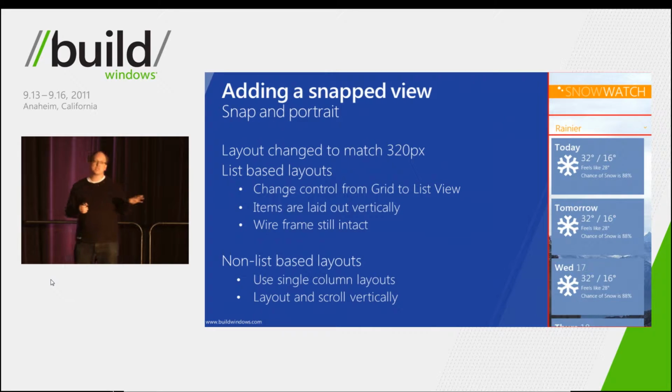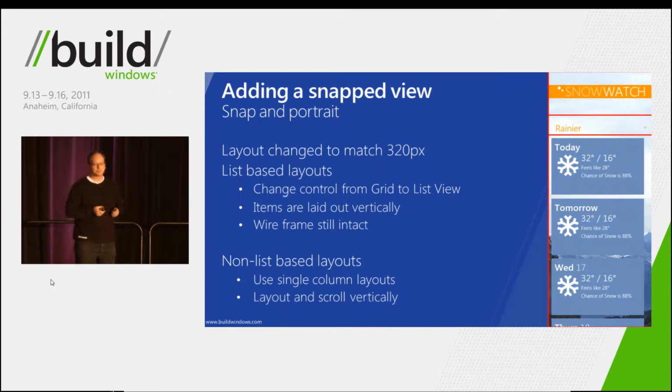So besides using CSS media queries, there are a couple other design considerations for snapped. First, as David mentioned, you only have 320 pixels available in the width direction. So you're rather constrained in what you can do, and you will most likely always end up with a single column layout.